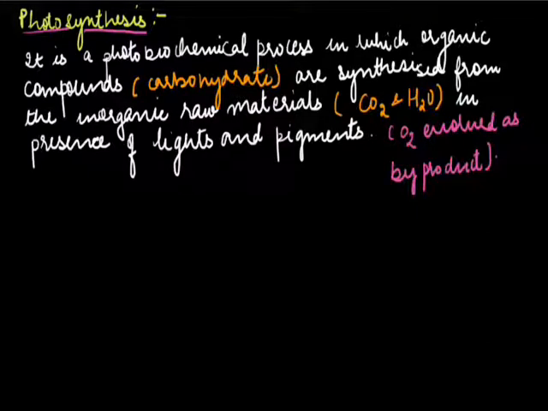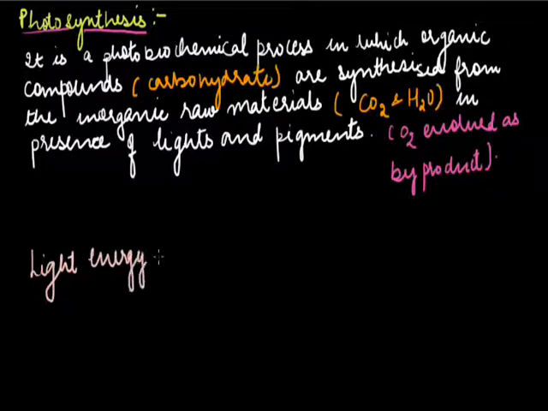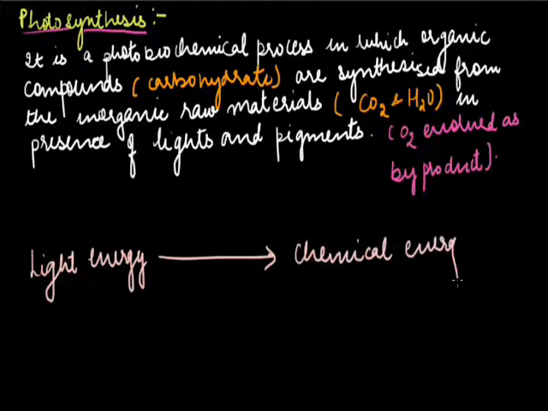In other words, we can say that light energy is converted into chemical energy by photosynthesis.